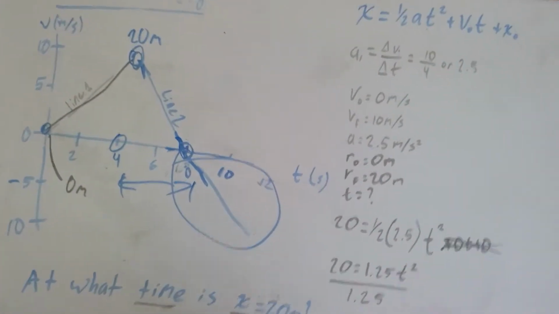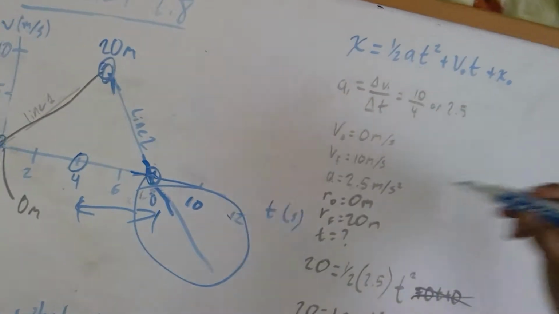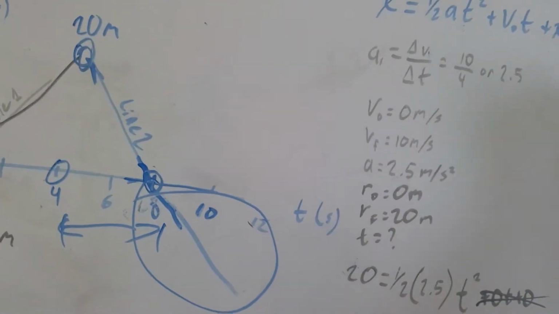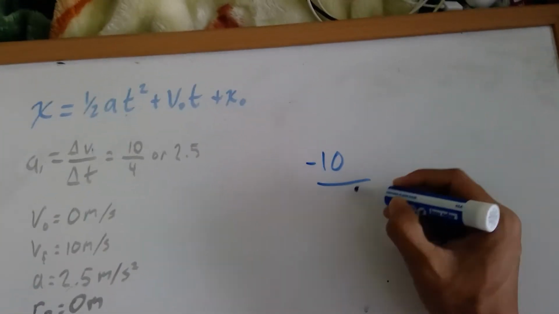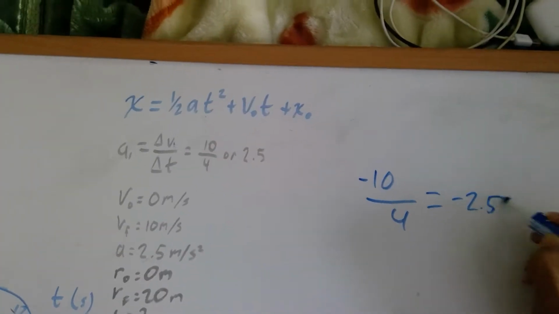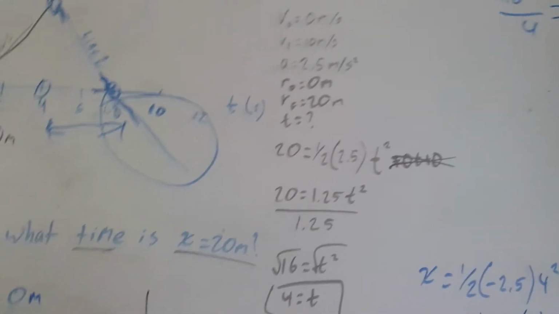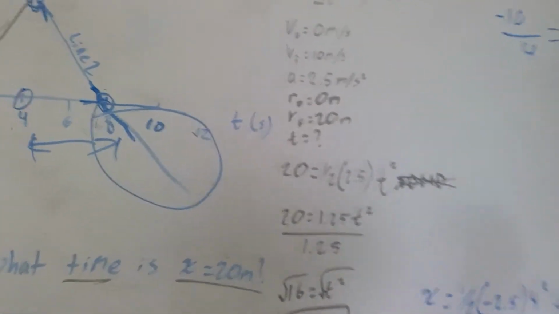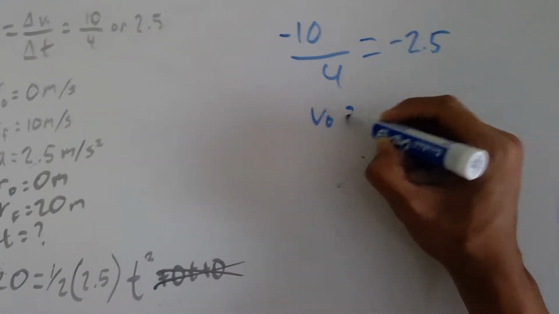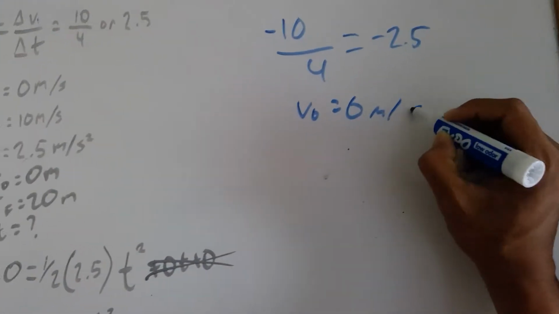The acceleration is the exact same again, going from 0 to -10, which is -10 over 4 seconds, which is again -2.5. Then doing OFART again, we know that the initial velocity is equal to 0 meters per second.